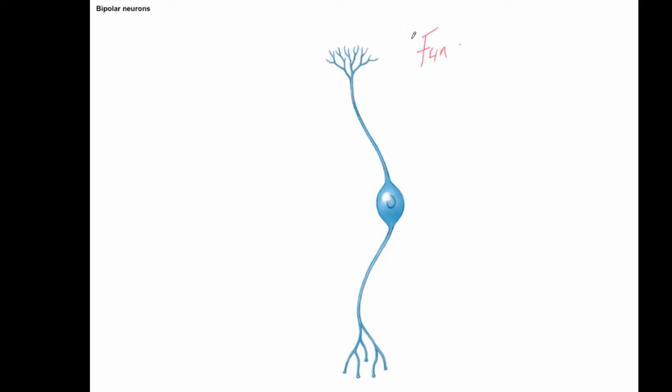From a functional standpoint, in other words, what are they involved with? They are involved in the sensory side of things. Not motor, but sensory. So they're involved in relaying the sensory signals to the central nervous system in some way.